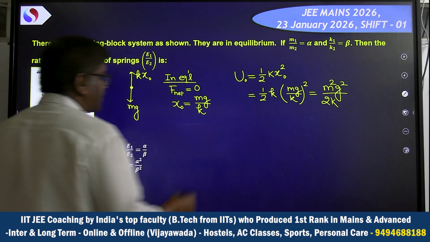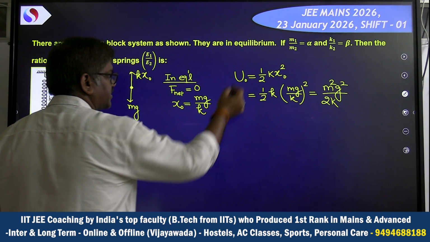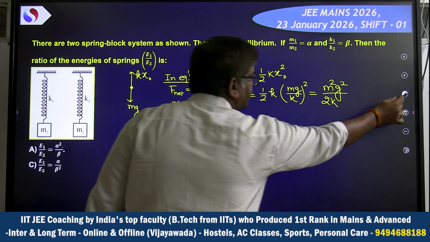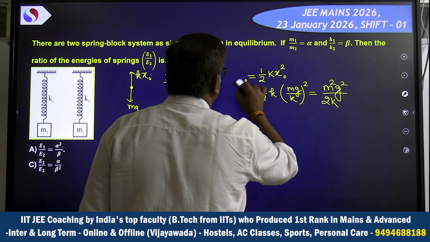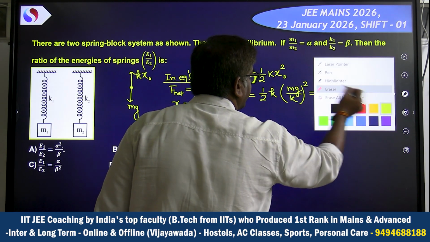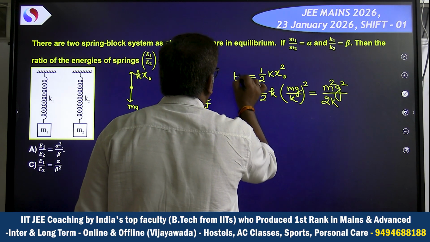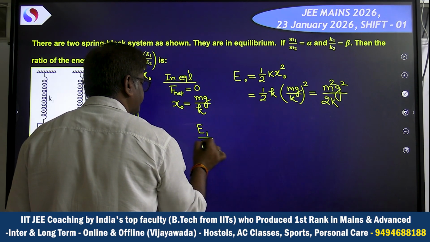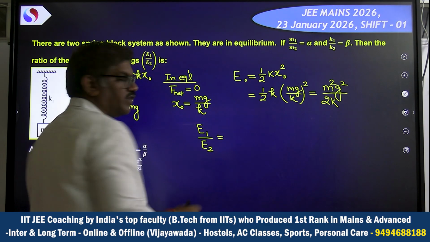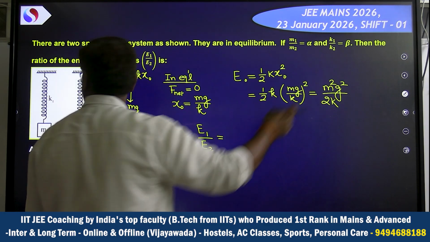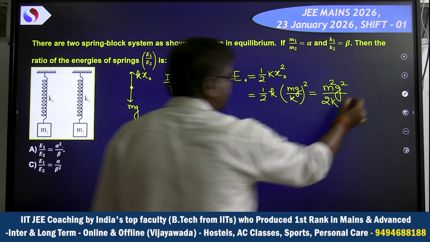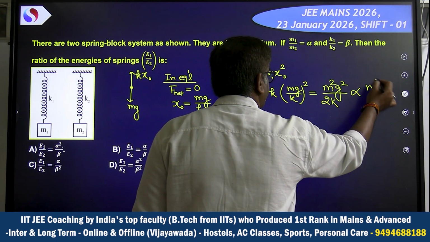Now it is a simple comparison. They are representing the energy by E1 and E2, so I will also replace it by E. They are talking about the ratio E1 by E2, first spring to the second spring. The masses are different and k is different, so this is directly proportional to m square by k.